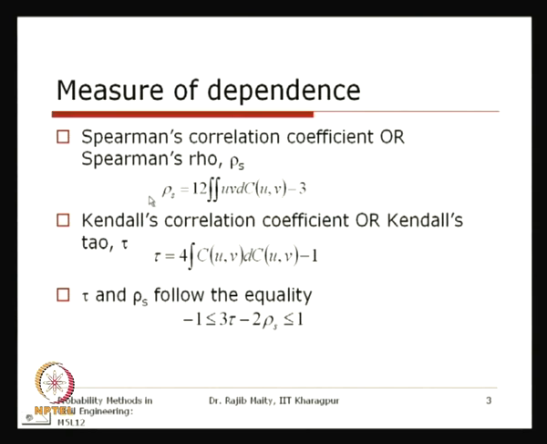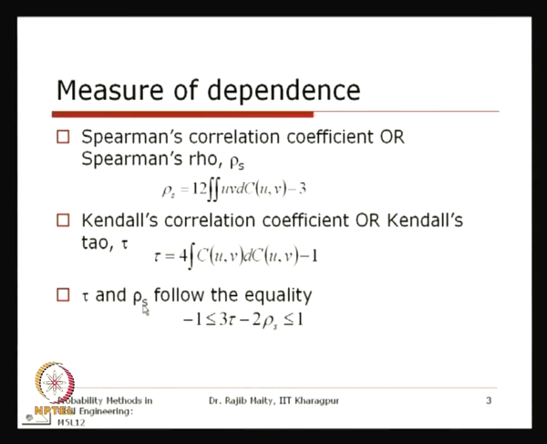Similarly, the Kendall's correlation coefficient or the Kendall's tau is 4 times the integration of this copula function with respect to that function C minus 1, which gives you the Kendall's tau.